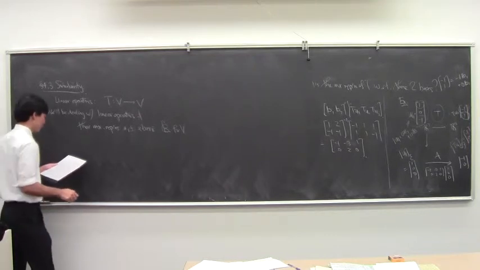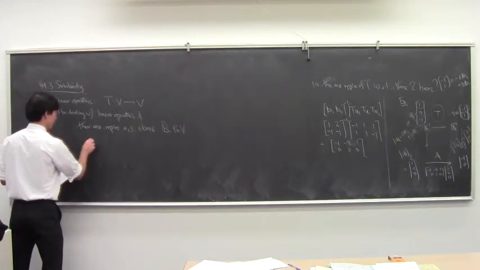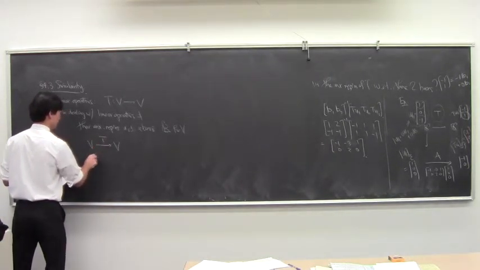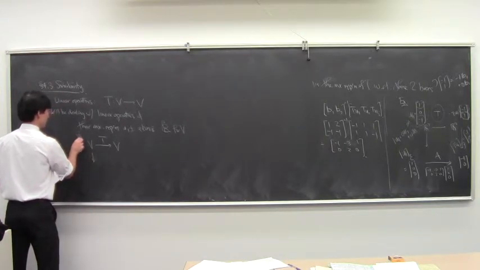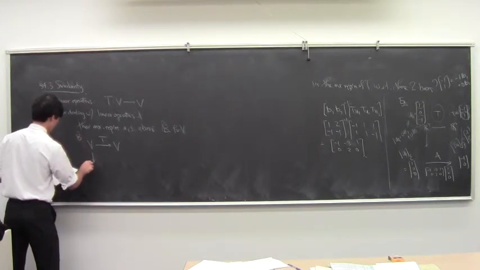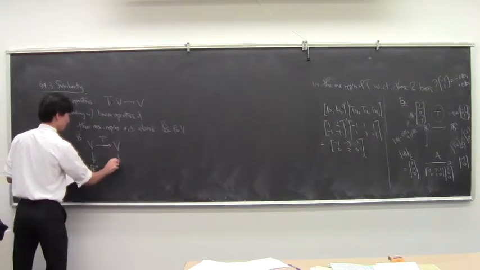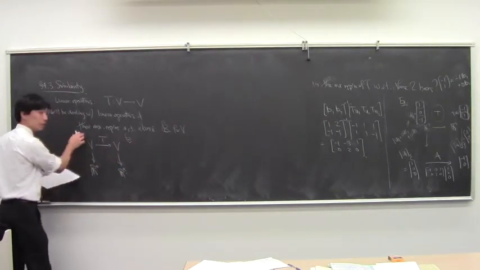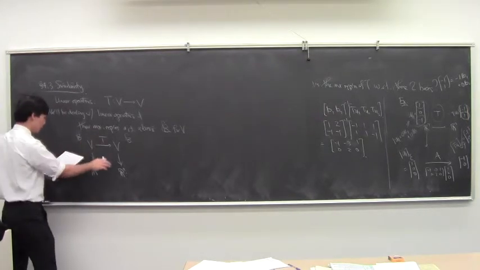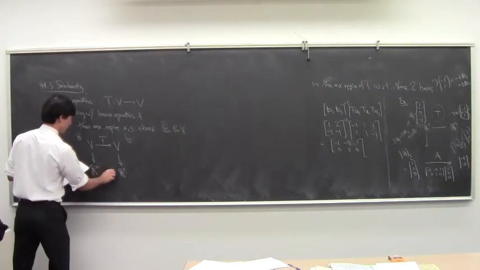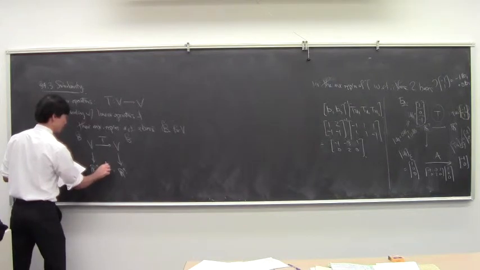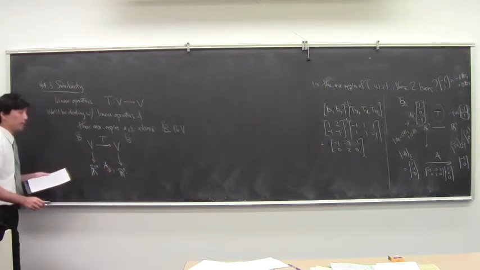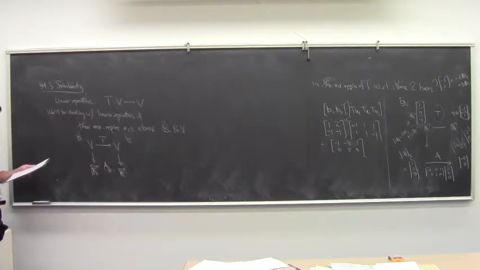Okay. So the picture is like this. You've got V to V. Your basis gives you a map to Rn on either side. You're using the same basis to get a coordinate map. And you've got this matrix, which I'm going to denote by A sub B, because it depends on the basis.